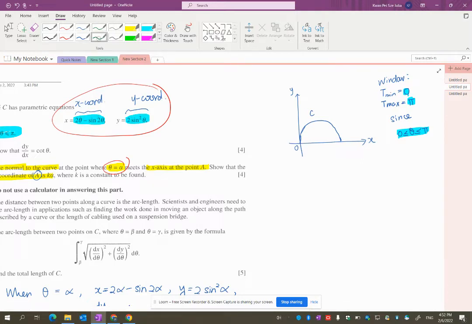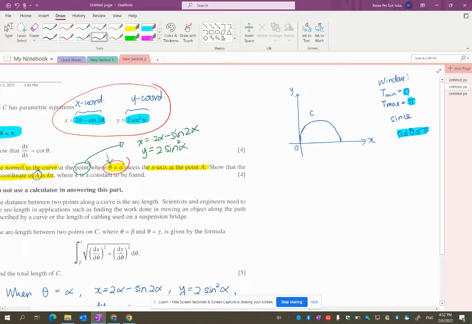When theta equals alpha, this is called the parameter. When the parameter equals alpha, the point they are referring to becomes the point where x is 2 alpha minus sine 2 alpha, and the y coordinate of the point is given as 2 sine squared alpha, right? So this is the meaning.